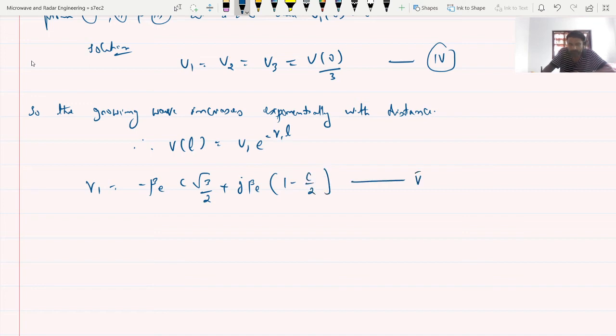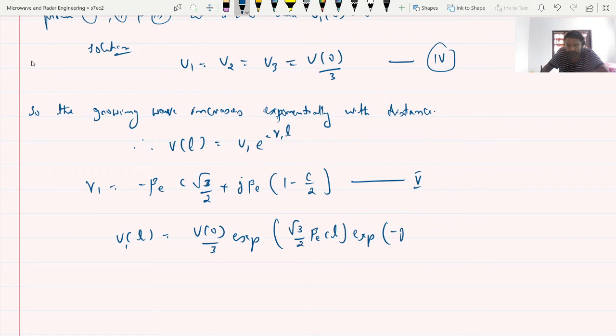Call this equation number 5. And V1 of L is V of 0 by 3 exponential of root 3 by 2 beta e C L into exponential of minus j beta e 1 minus C by 2 into L.